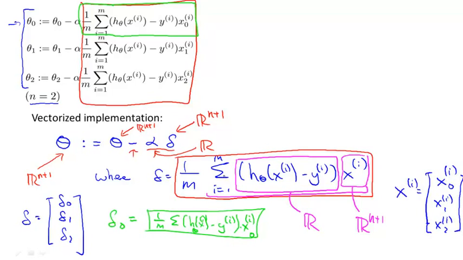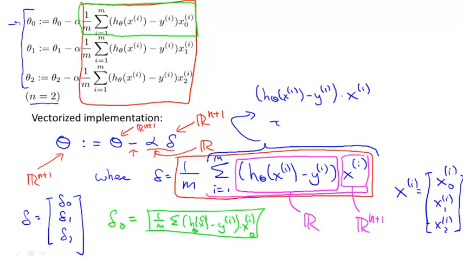And what is the summation saying? Well, this term over here is equal to h of x1 minus y1 times x1, plus h of x2 minus y2 times x2, plus, and so on.